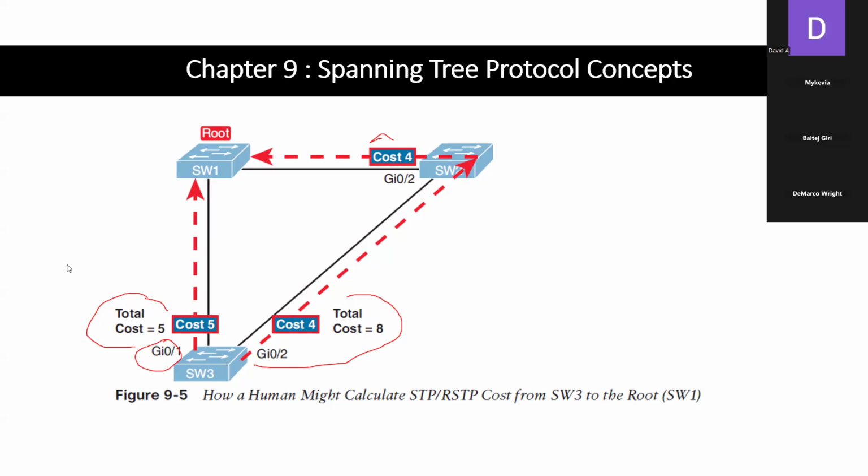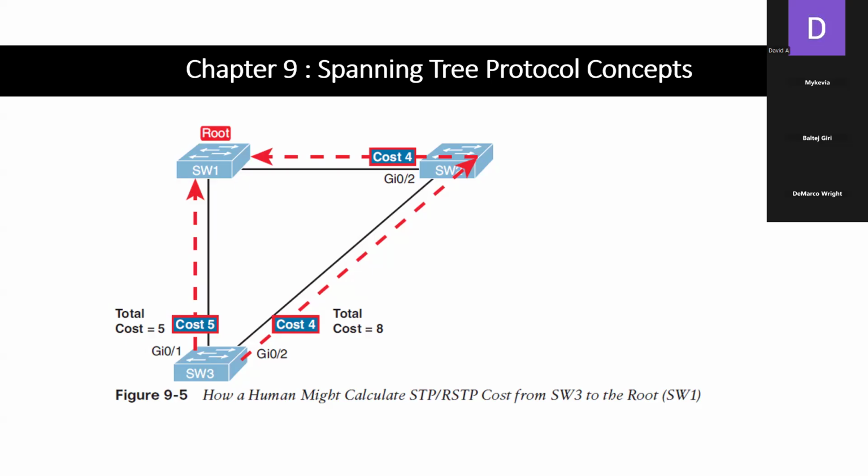Typically, what we just went through, the switches do the same thing, but it's a slightly different process. First things first, the switch is going to add its local interface costs to the root cost listed in each received hello BPDU.